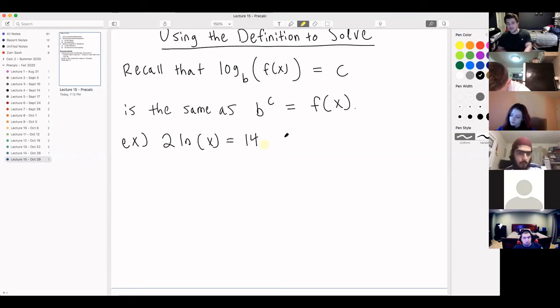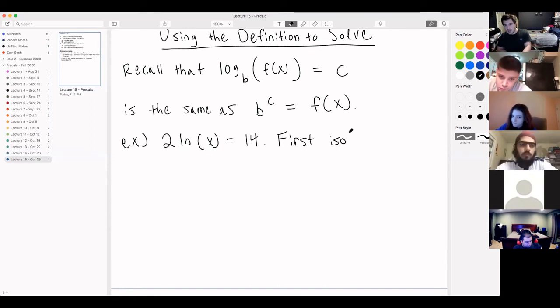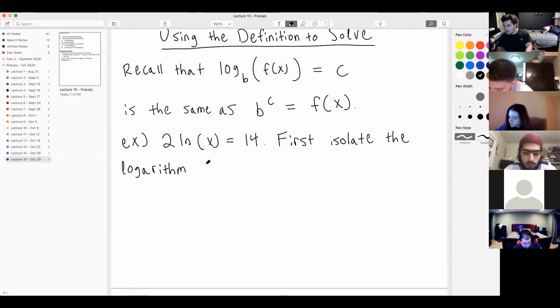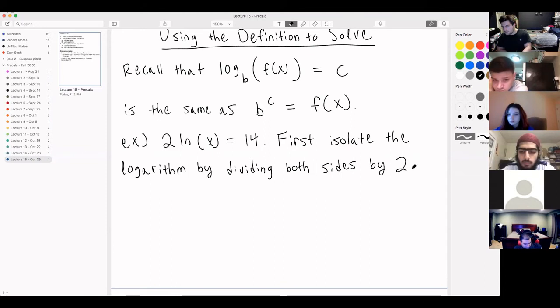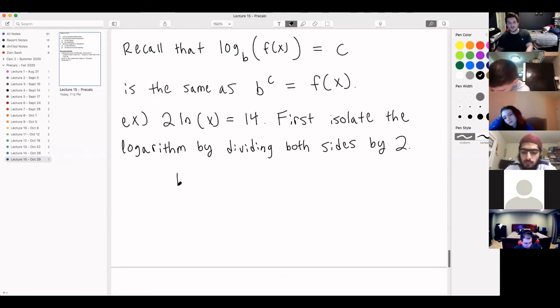That's the first step: isolate the logarithm by dividing both sides by 2. That will give you natural log of x is equal to 7.